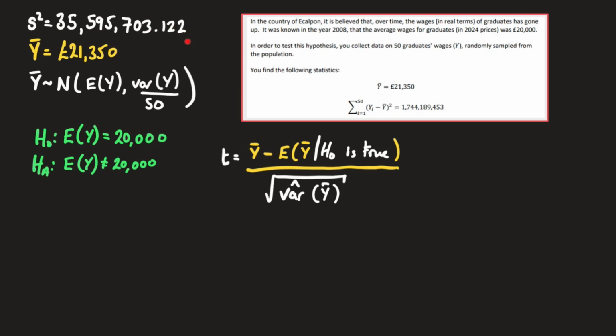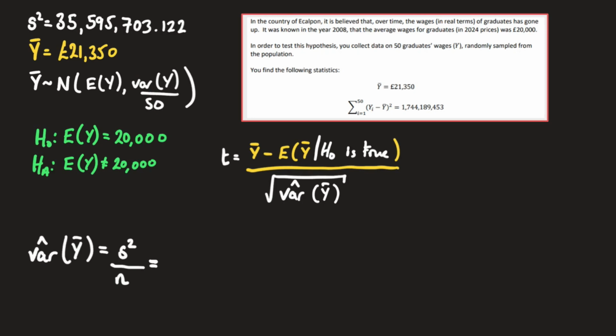We've got s squared as our estimate of the variance of y, and to get an estimate of the variance of the sample mean, we simply take an estimate of the variance of y and divide it by the number of observations. Because remember, this is based on the fact that the variance of the sample mean is just equal to the variance of y divided by the number of observations.